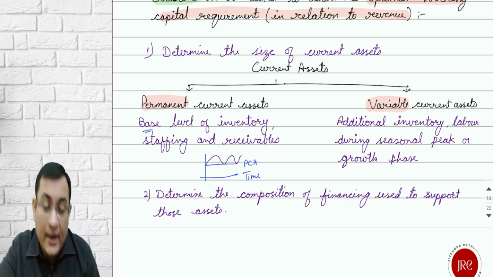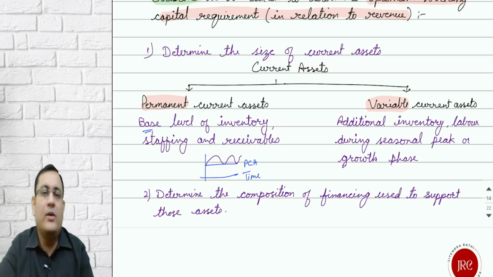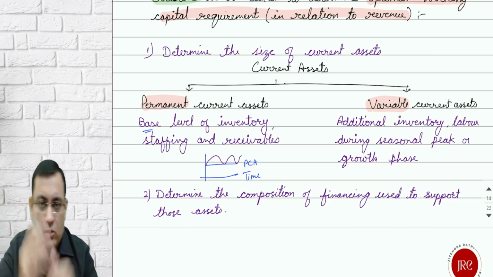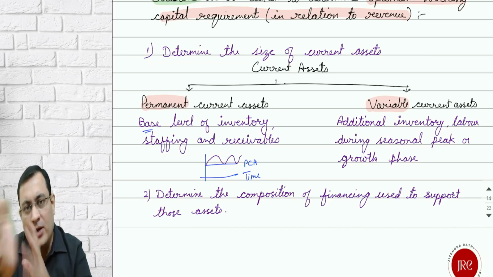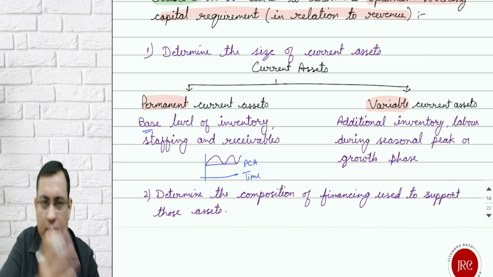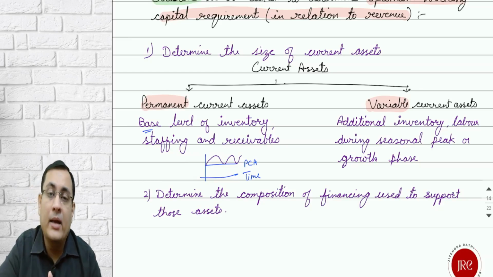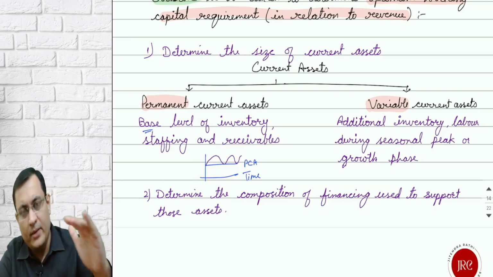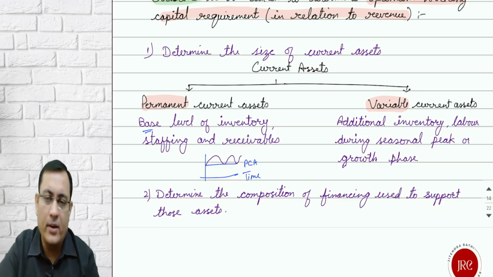During the higher demand season, that is peak season, we will be maintaining an extra level of inventory. There will be an extra level of receivable outstanding. That additional part of investment in current asset is called variable current asset. In peak season it will be high, and in off-peak season it will be low. Permanent current asset, constant level. Variable, up and down, depending on the situation.